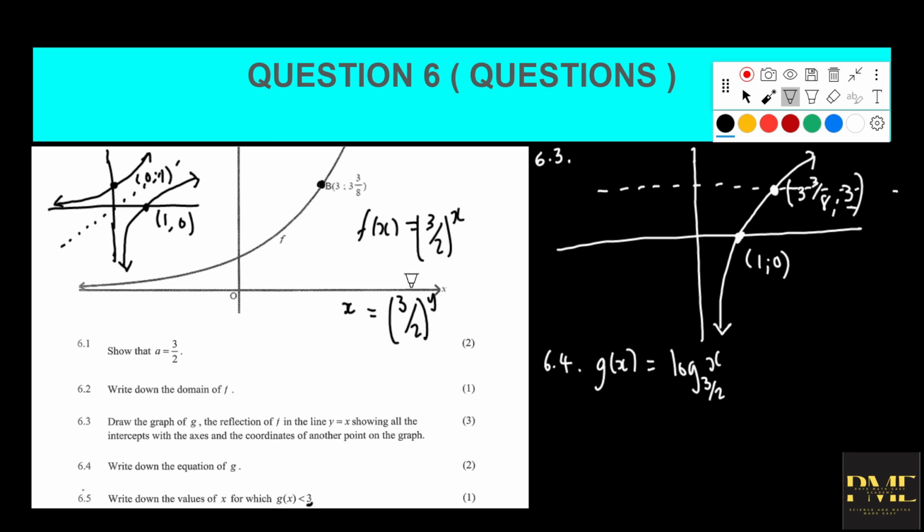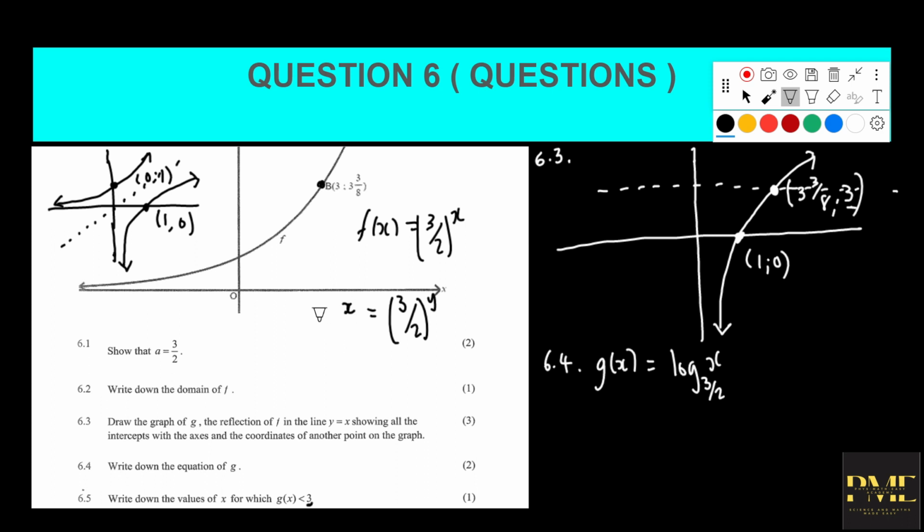Then we have to try and make y the subject of the formula. However, the only way to do it is to change x to have a base of 3 over 2, which is not possible in this case. So to make y the subject of the formula, we have to introduce our logs.